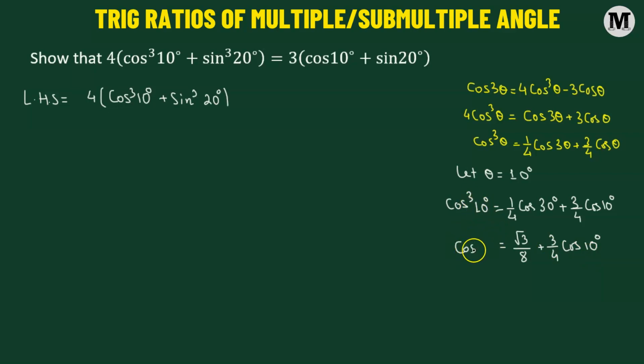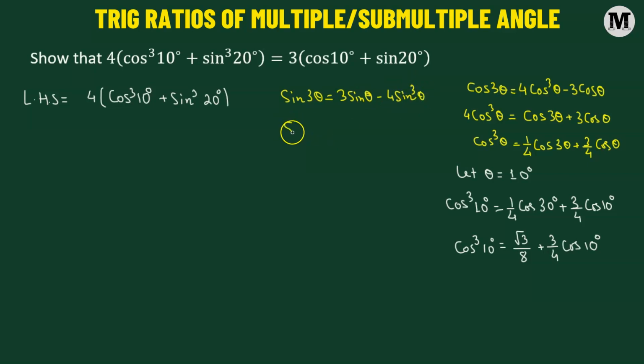Now we'll try to find the value of sine 20 degrees cubed. For this we are going to use the formula for sine 3 theta. So sine 3 theta is given by 3 sine theta minus 4 sine cubed theta.